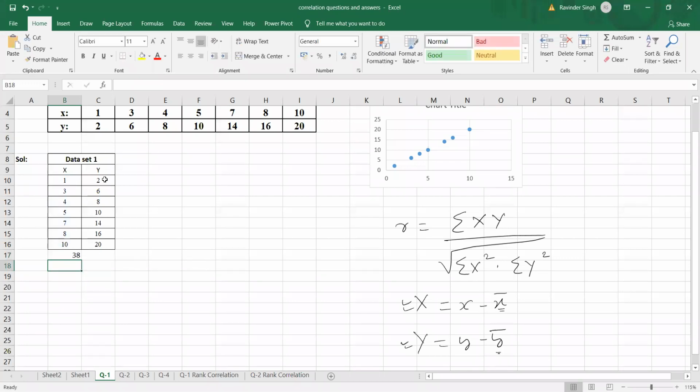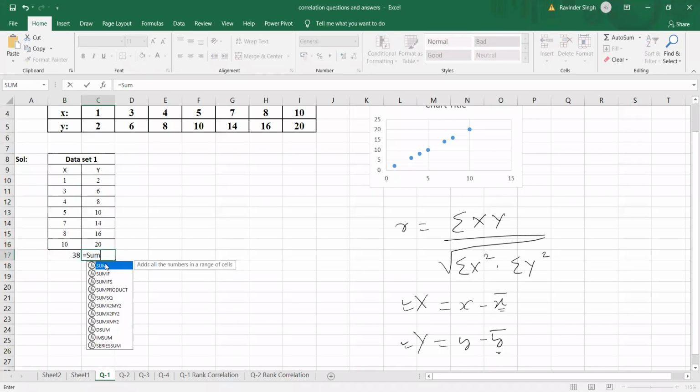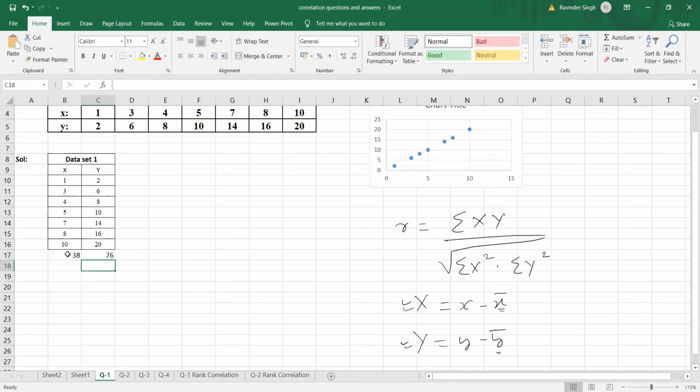So the sum of X is 38. I will also find the summation of Y, which is 76. You can do that in a calculator, but to avoid the calculation, I'm doing it in an Excel sheet. So what are the X bar and Y bar values? 38 divided by how many data points do we have? 1, 2, 3, 4, 5, 6, 7.